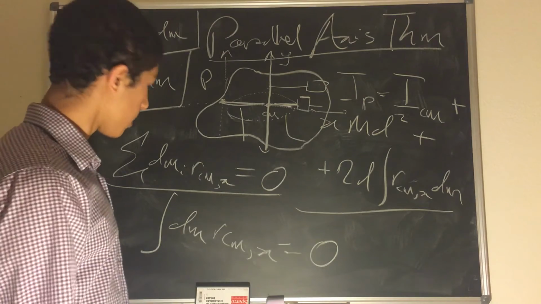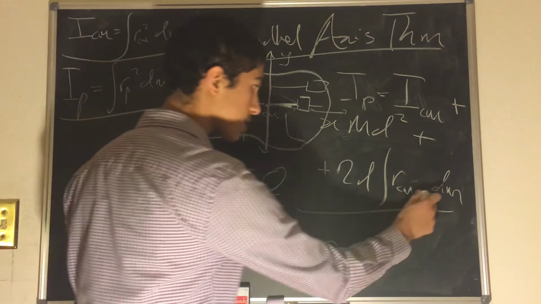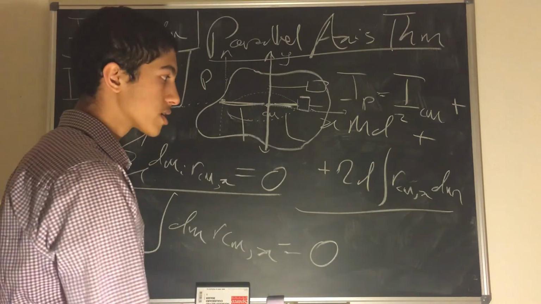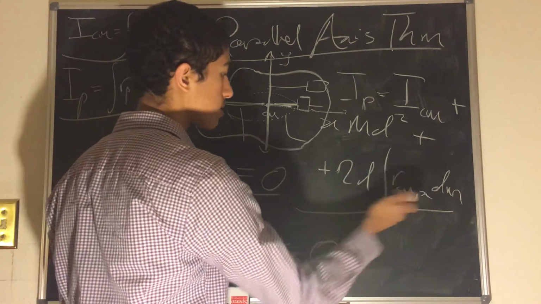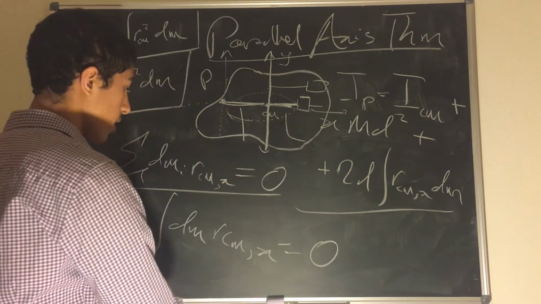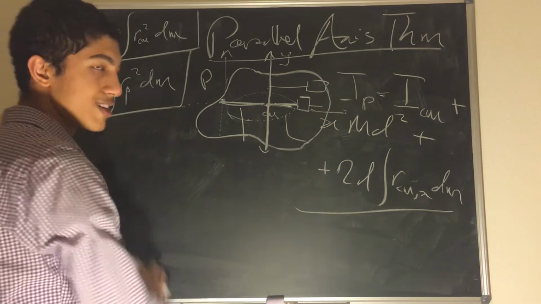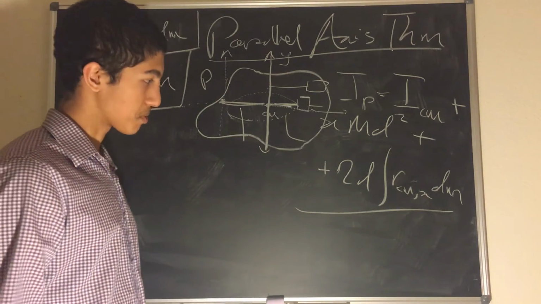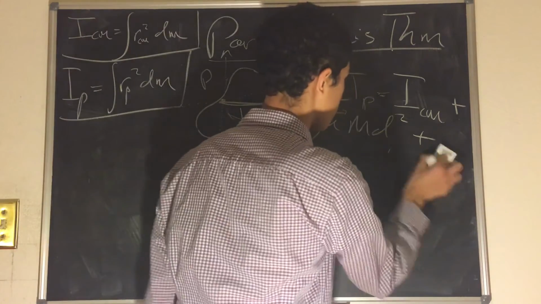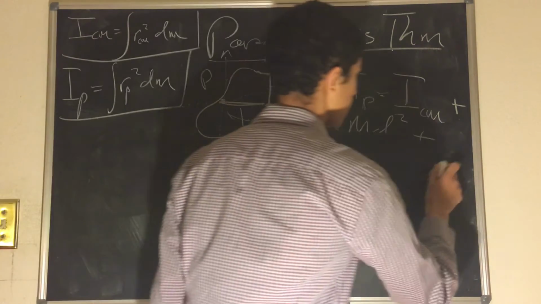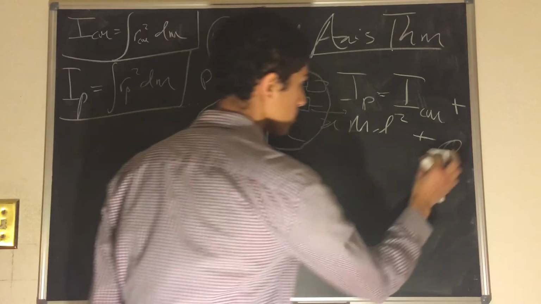Wonderful. And what is this term? This term is the same thing as this term. So we realize that this is simply equal to plus 2d multiplied by 0. And what is 2d multiplied by 0? That's simply 0. And we have plus 0, which we can just get rid of.